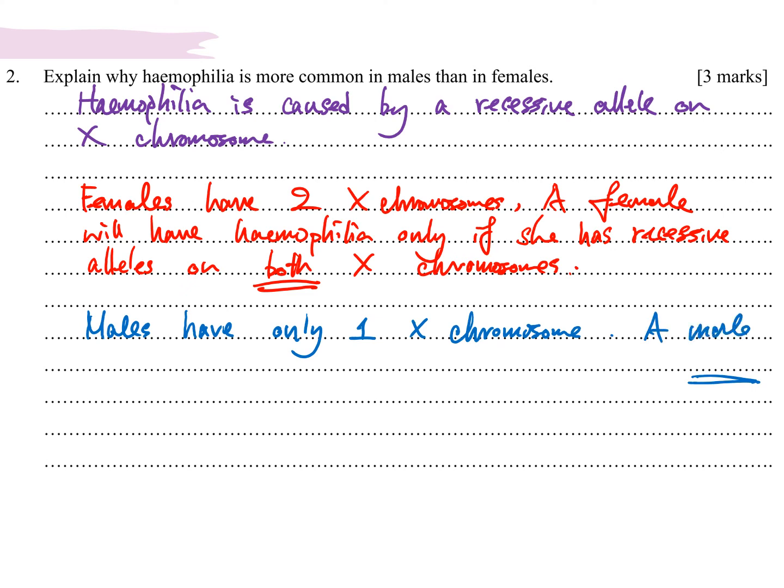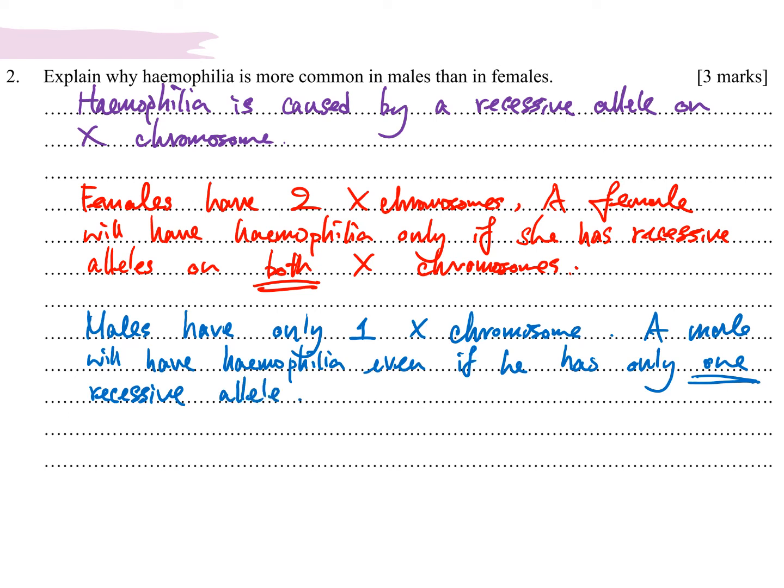Therefore, a male will have hemophilia even if he has only 1 recessive allele. So you get all 3 marks in part 1, part 2, describe the case for female, and part 3, describe the case of male.